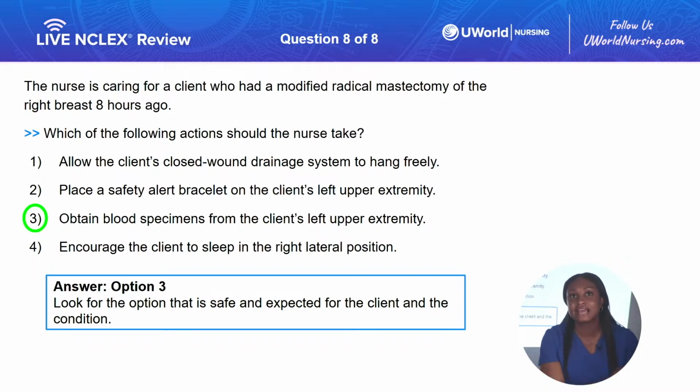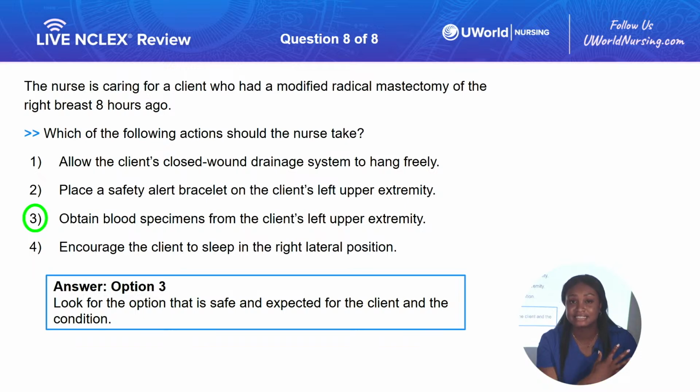So what is a radical mastectomy? A radical mastectomy is a surgical procedure where they take out the tissue in the right breast, as well as lymph nodes in that right breast area, usually after cancer has been found, to eliminate all of that cancerous tissue from the area.